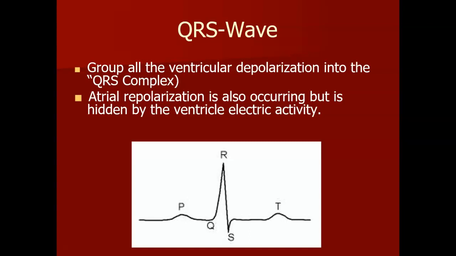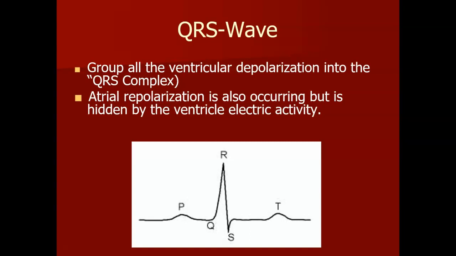Now, because the atria depolarized first, they are going to be going through repolarization at the exact same time that the ventricles are depolarizing. However, that electrical activity is hidden by the dominant ventricular depolarization.